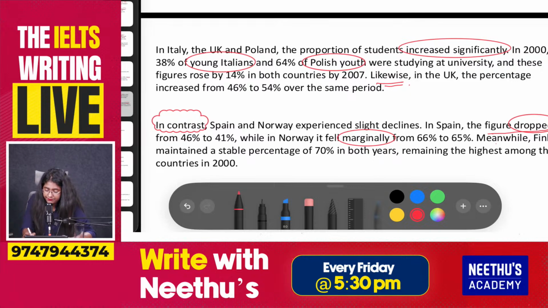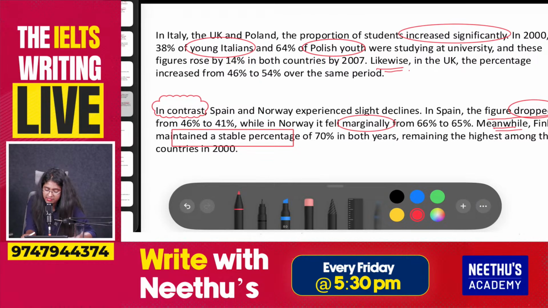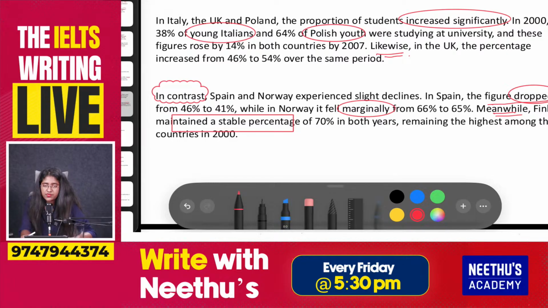Meanwhile, Finland maintained a stable percentage of 70% in both years, remained the highest among the 6 countries in 2000. That was a Band 8 sample.